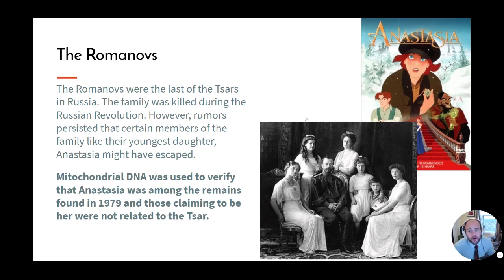Unfortunately, some remains were found, and using mitochondrial DNA to trace lineages of people known to be related to this family, they were able to identify that, yes, these were the Romanovs, and that Anastasia was among those remains. Some people claimed to be Anastasia, that she had escaped, but unfortunately they were able to prove that these claims were not true. Anastasia had died with the rest of her family.